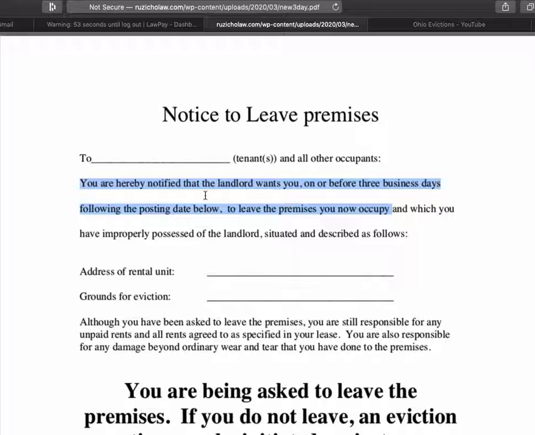A lot of people also wrongly think that all they have to do is post the 3-day notice to evict the tenant. So they think when the 3-day notice expires, they can set the tenant's stuff out and change the locks. This is wrong.